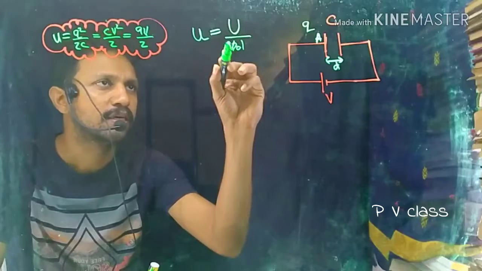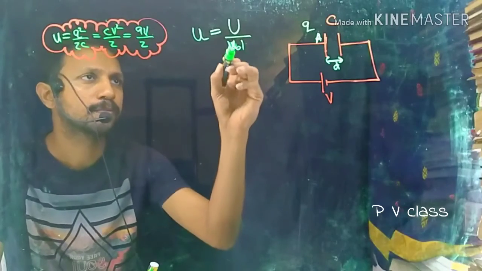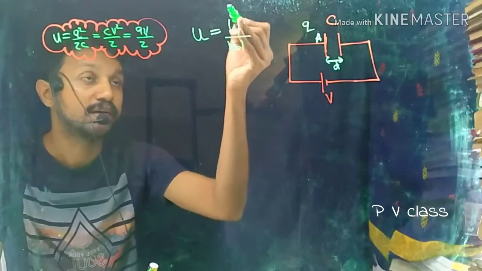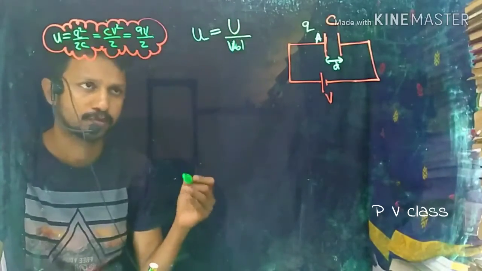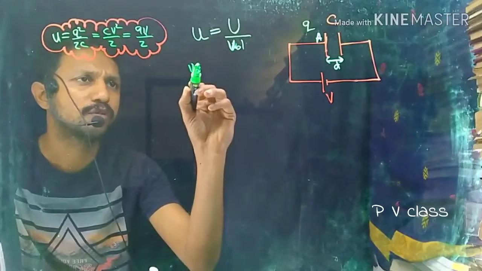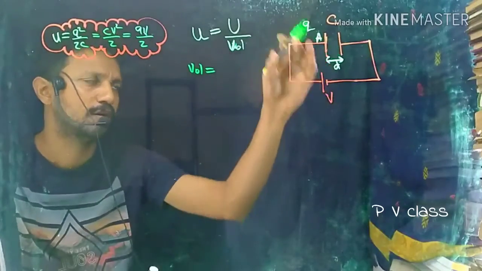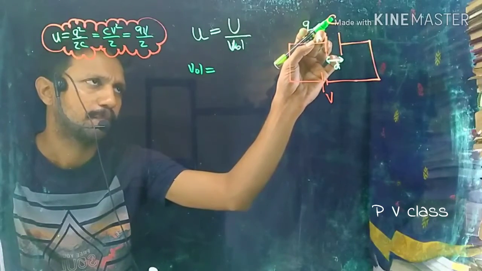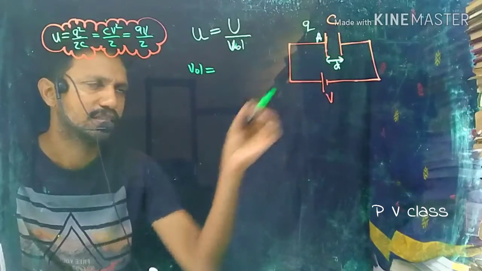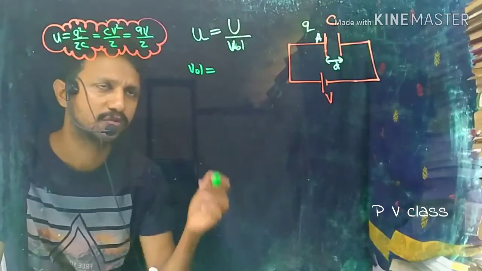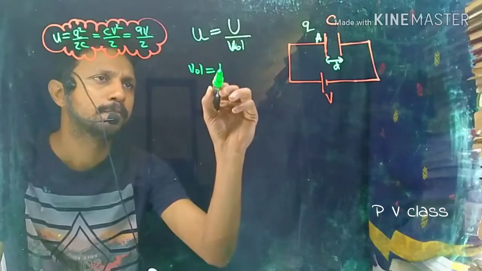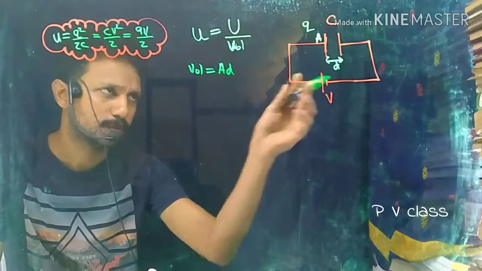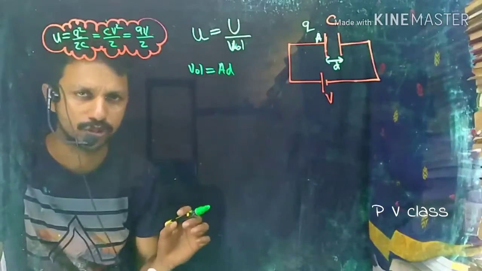We could obtain energy density by dividing energy with volume. Then what's the volume of the capacitor? For a parallel plate capacitor of plate area A and distance between the plates D, volume will be area of cross section into distance.